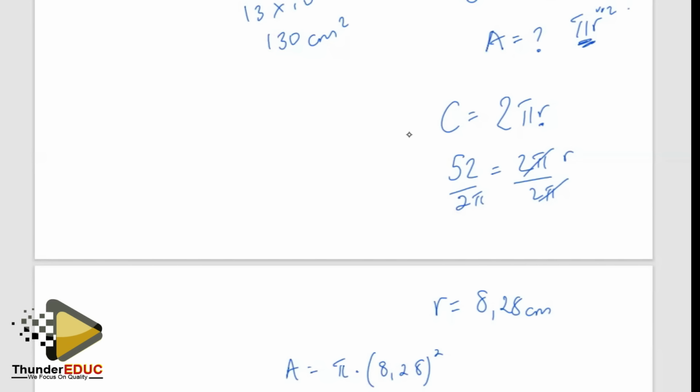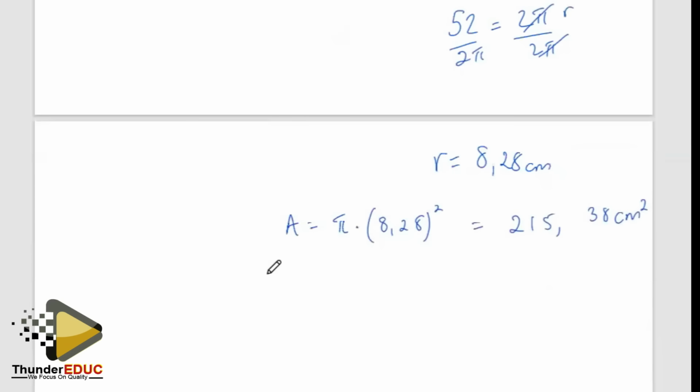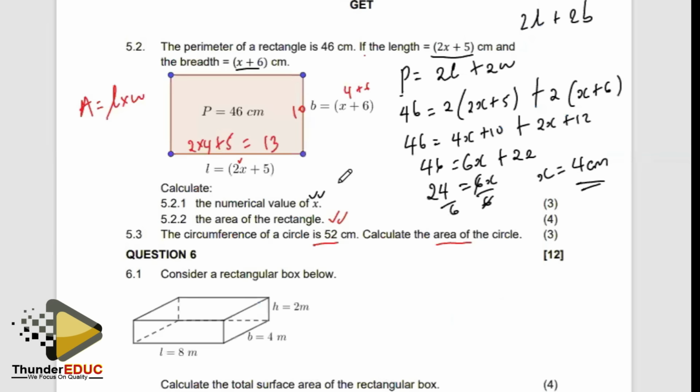And then multiplied by pi, which gives us 215.38 centimeters squared. So that is how that question would have been approached.